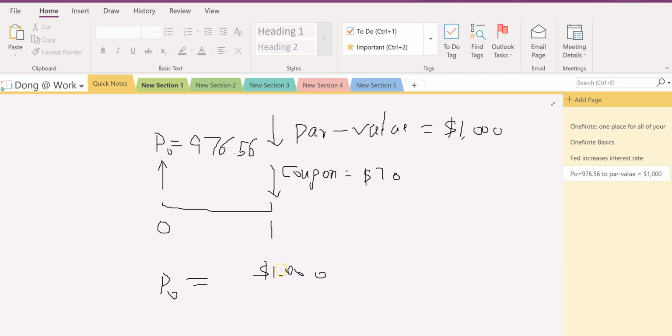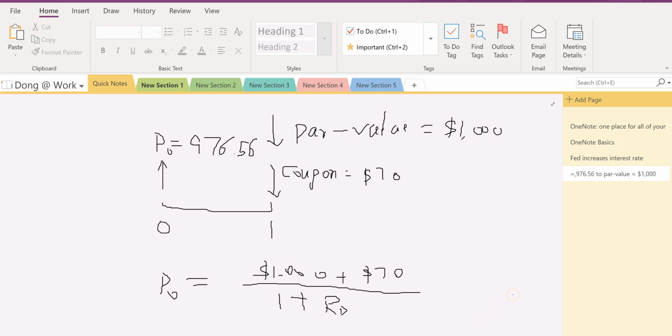Sorry for my ugly handwriting, because I'm basically using the mouse rather than a pad or pen to write this down. So bear with me for a moment. So 1,000 plus the coupon, and because this is 1 year later, we have to discount that back. That's what we call the present value. It's discounted at this cost of debt, RD.